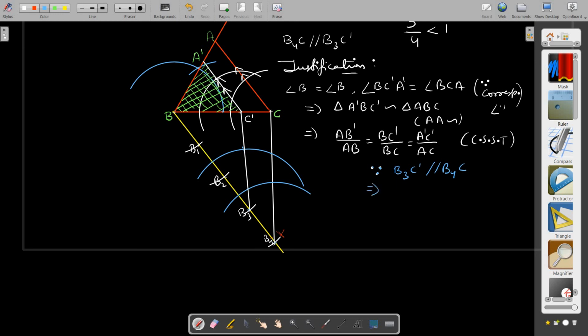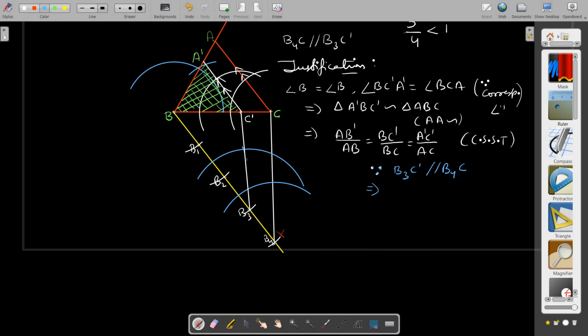So when we apply basic proportionality theorem, we will get BC prime by C prime C is equal to B3. Okay, we can write corollary instead of writing the BPT. We will use corollary of BPT.